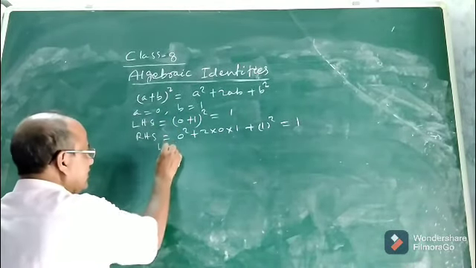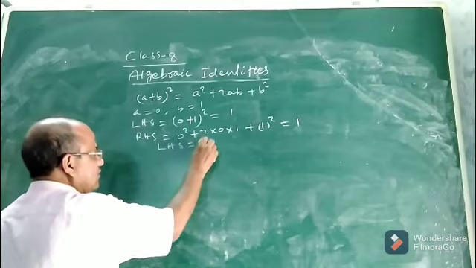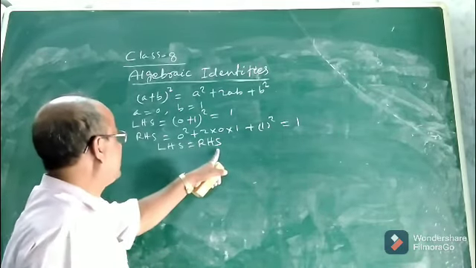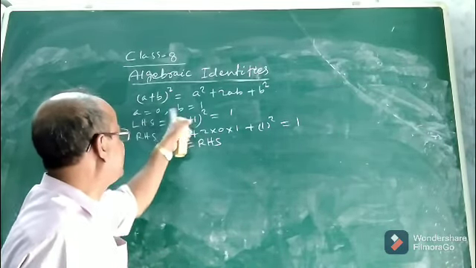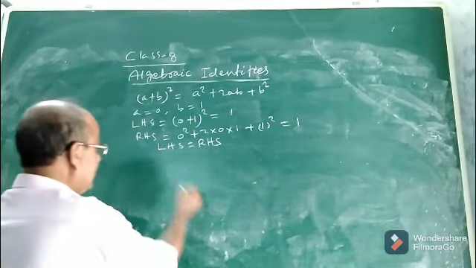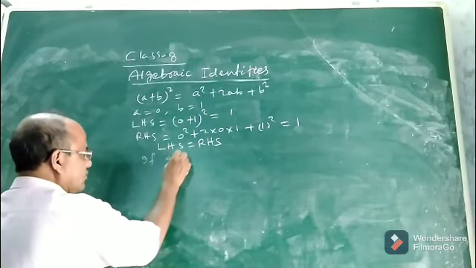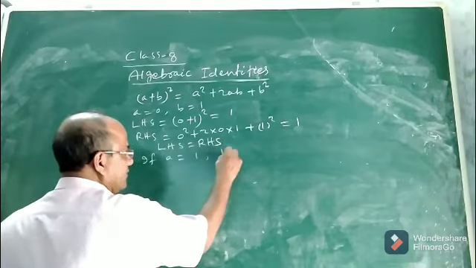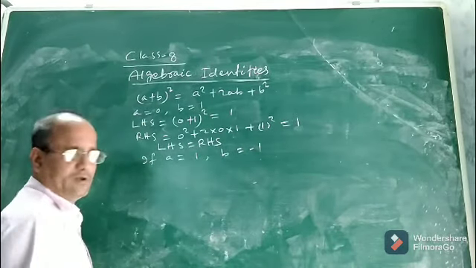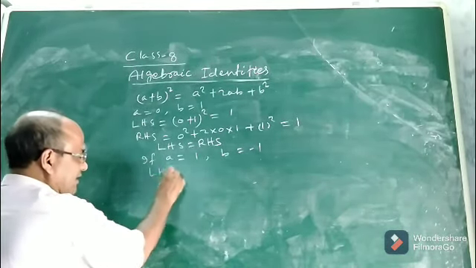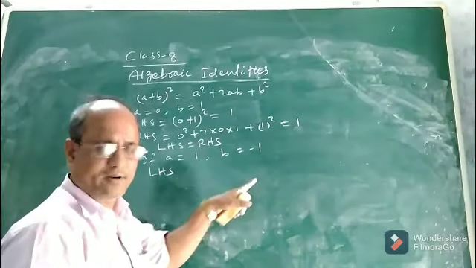So what did you see? You saw that LHS equal to RHS if the value of a is 0 and value of b is 1. Now suppose a equal to 1 and b equal to minus 1. Let us find again whether LHS is same as RHS or different.